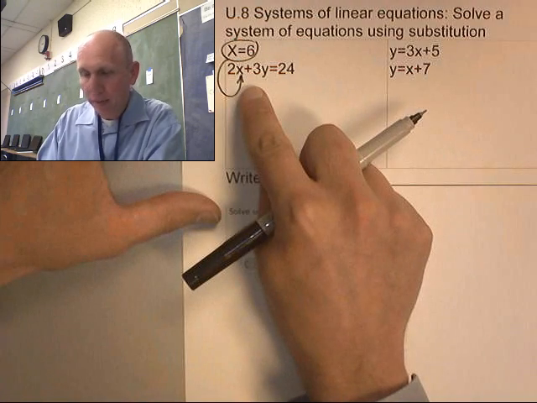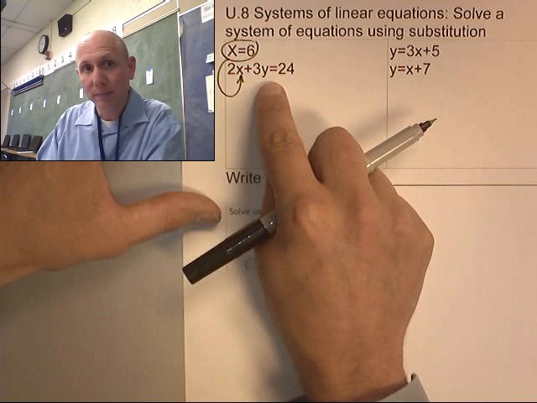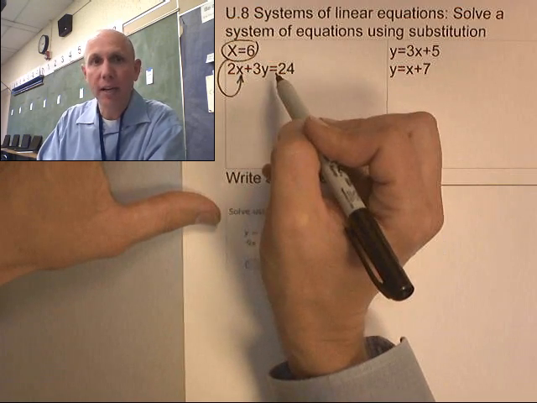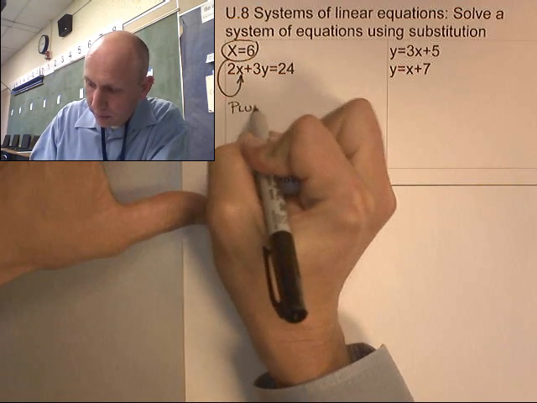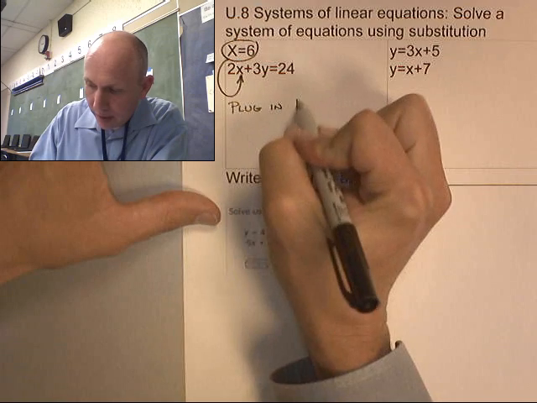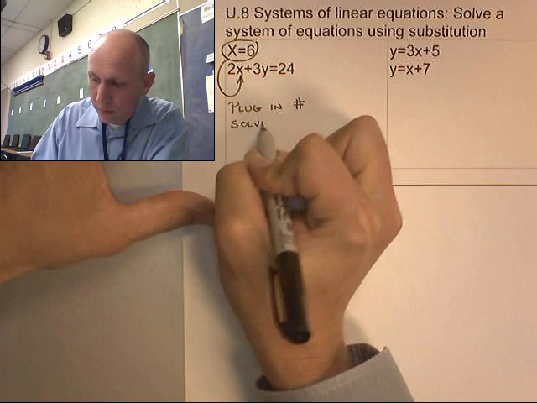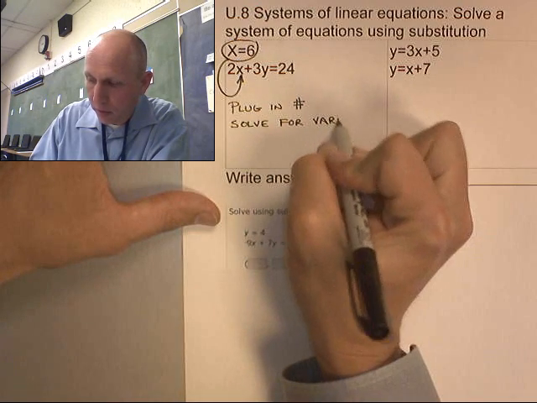Once I plug it in, I'll be able to figure out what the Y is. So I take the number, I plug it in for X, and I solve it for Y. So plug in number, solve for variable.